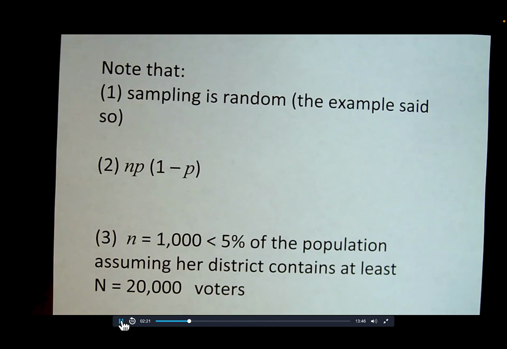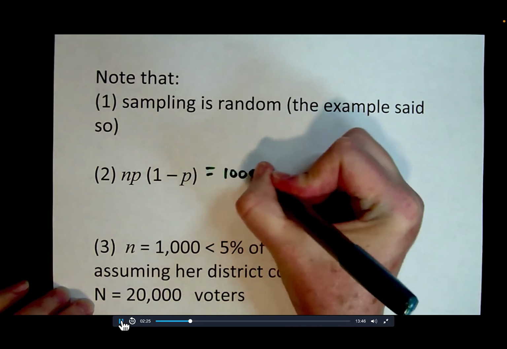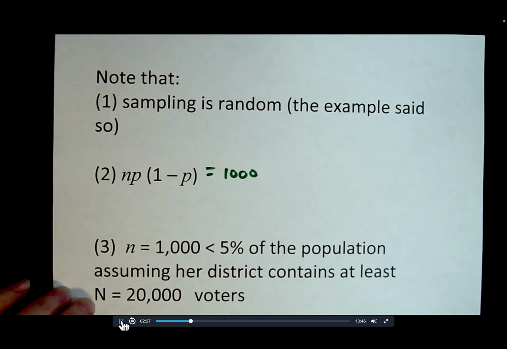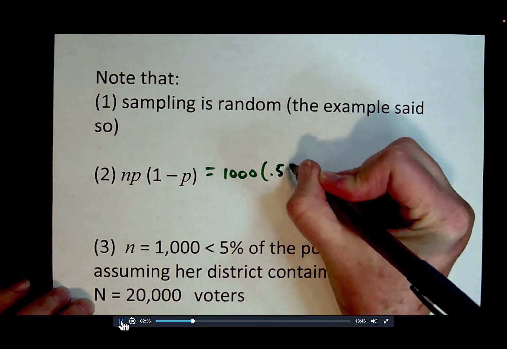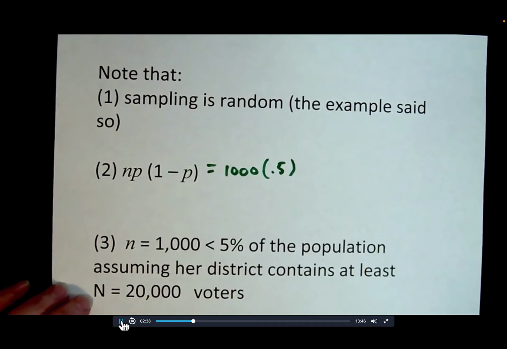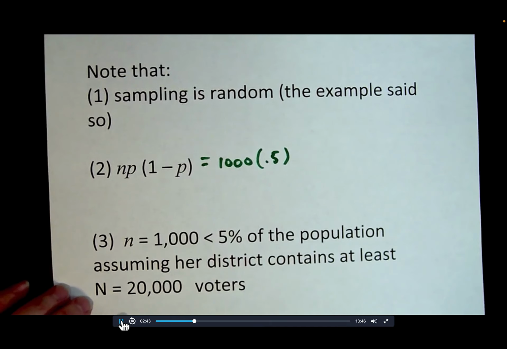Next, np times 1 minus p. Well, n is the sample size. That was 1,000. p is the population proportion. Here's where we need an assumption as to what it is. We're assuming that it's 0.5. Remember, that's the null hypothesis, that p equals 0.5.